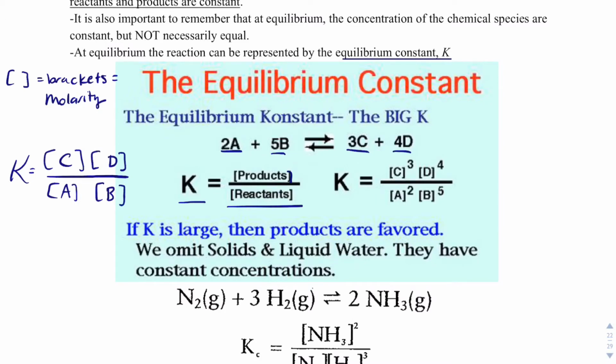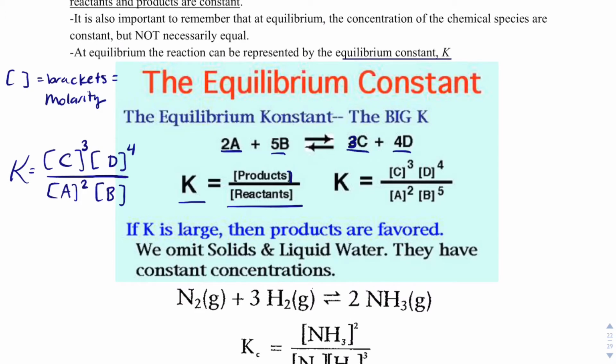The only thing that's a little bit different here that we probably haven't done before is that C has a coefficient of 3, so its exponent is going to be 3. D has a coefficient of 4, so its exponent will be 4. A has a coefficient of 2, therefore it'll have an exponent of 2.